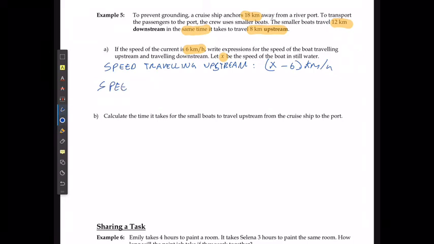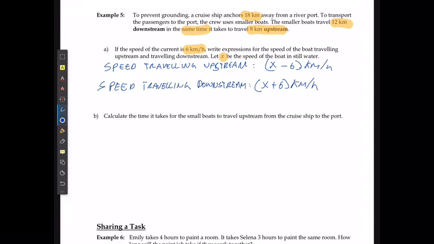The speed traveling downstream is going to be x plus 6 kilometers per hour because the stream is going to push them along.